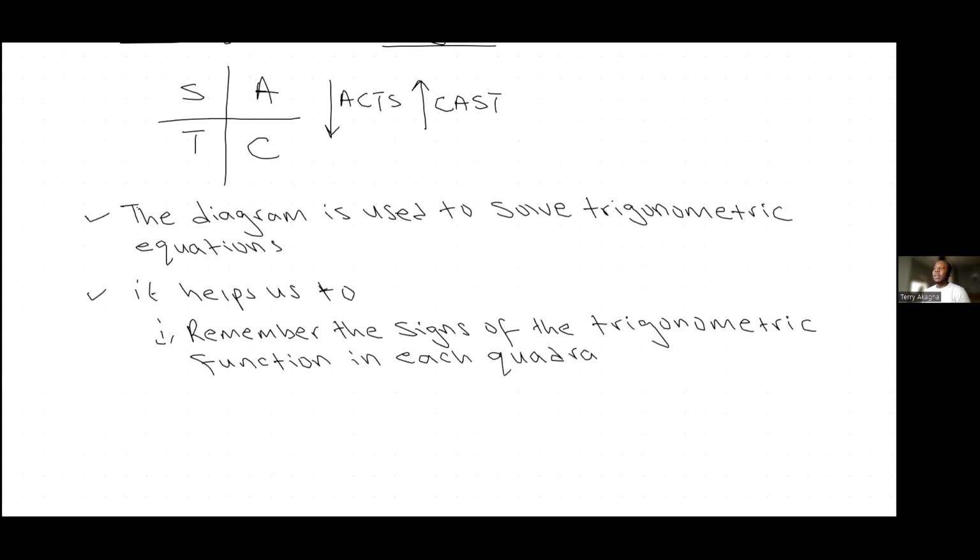Then after that, it also helps us to know what happens to the angle that needs to be calculated.